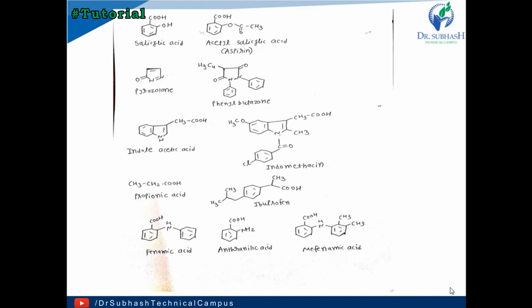So this class is classified as fenamic acid derivatives or anthranilic acid derivatives. And in that the structure of the drug will be mefenamic acid. In mefenamic acid, 2 further methyl substitutions are on the benzene ring, and these substitutions are at the ortho positions.